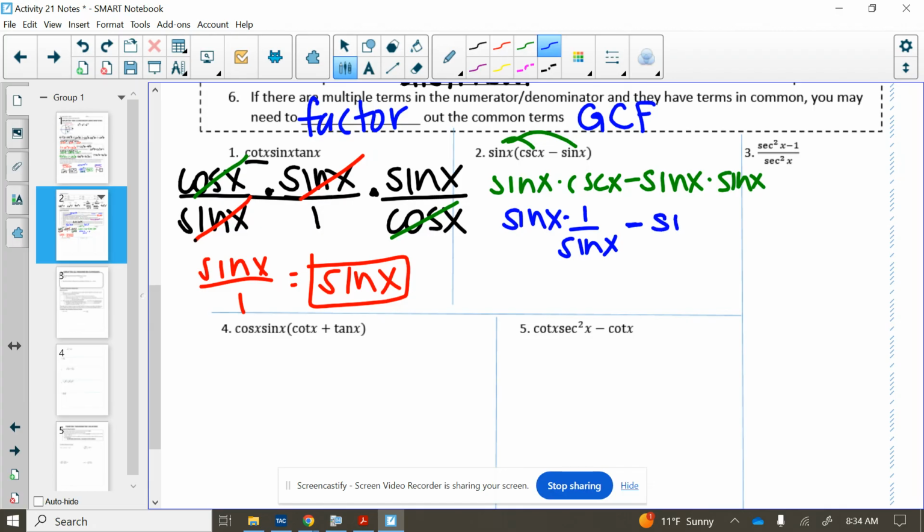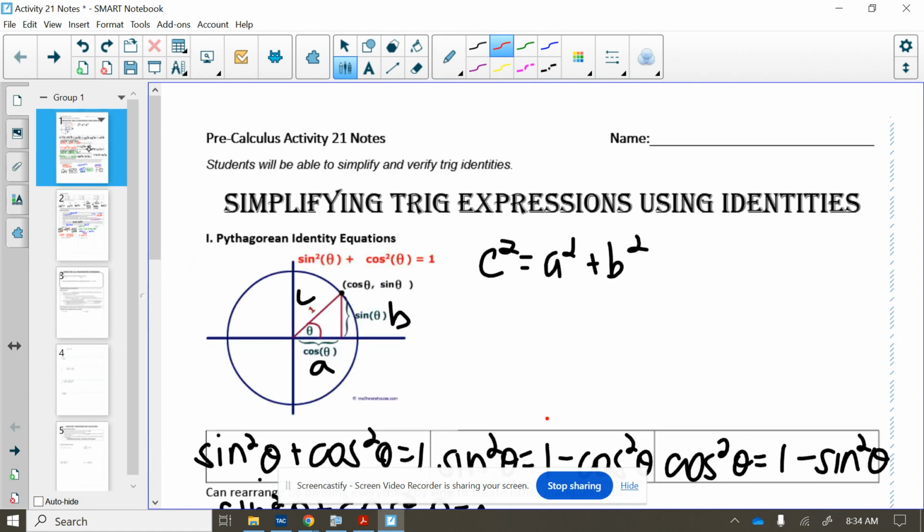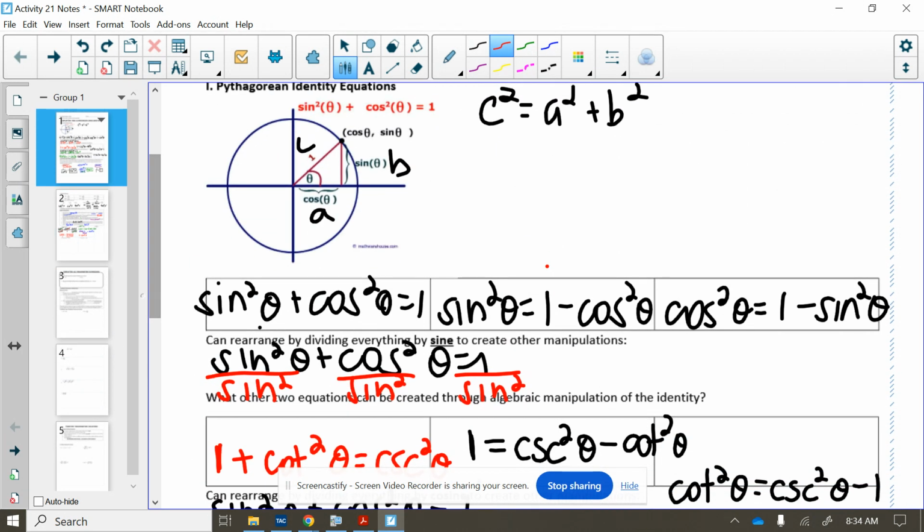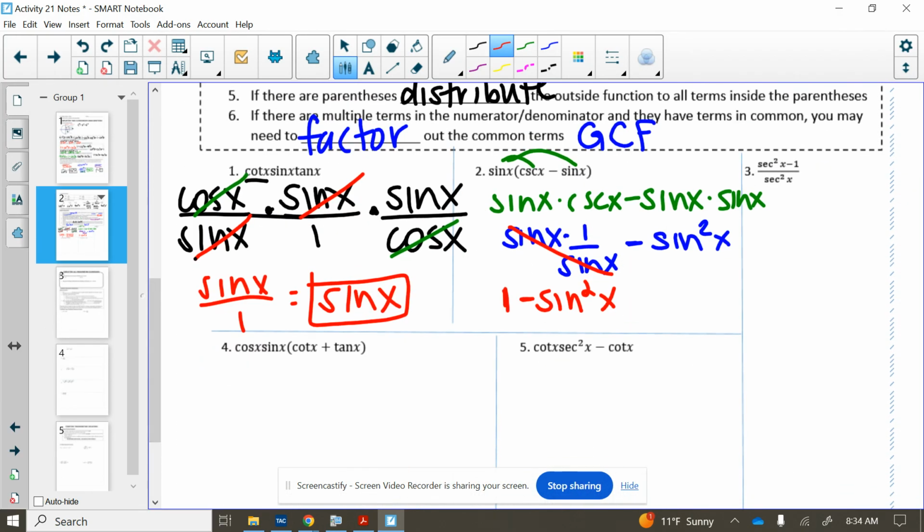And then sine times sine is sine squared. Well, what ends up happening is these sines end up canceling out in the first part. Sine over sine is just 1. And then 1 minus sine squared x. If we check back to our Pythagorean identities, we know 1 minus sine squared can be rewritten as cosine squared. So our final answer on this one, cosine squared x.